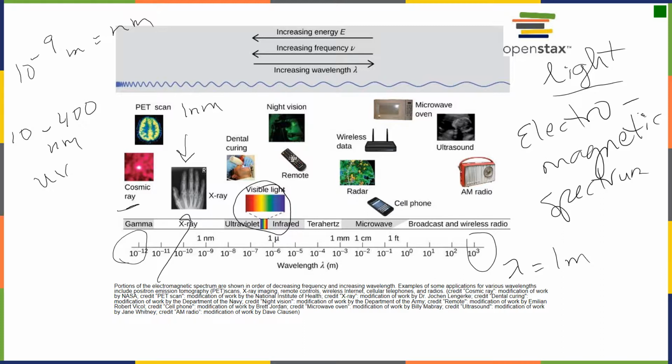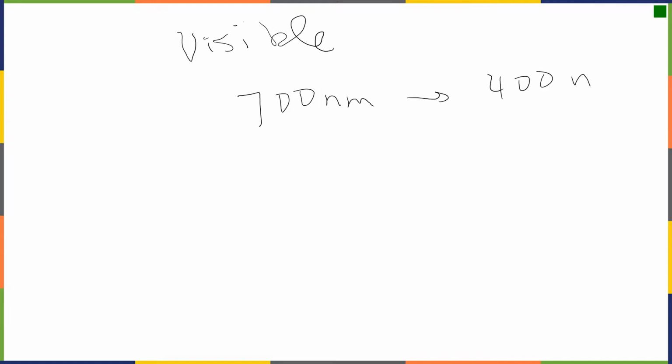In the visible, all right, the visible is a portion of the electromagnetic spectrum between about 700 nanometers, the longest, going into 400 nanometers at the shortest. The 400 is about what can get through the lens, and the 700 is about where the retina stops detecting.